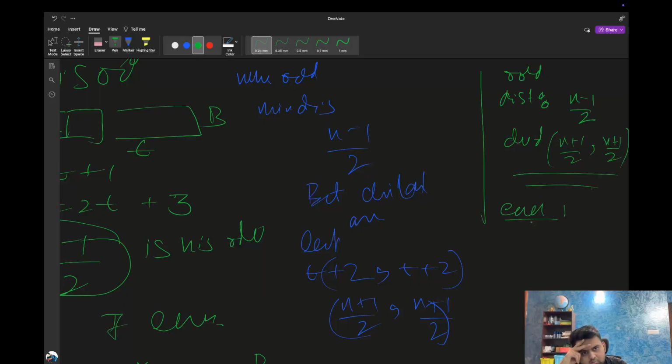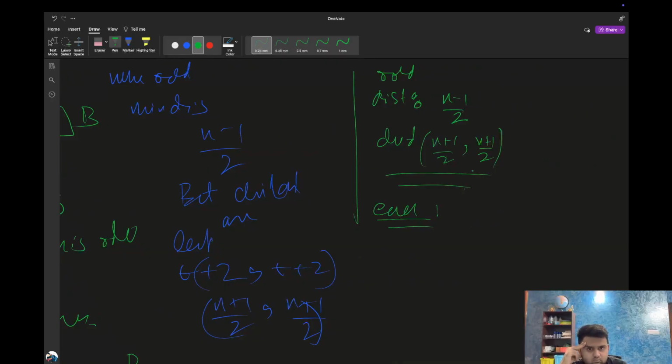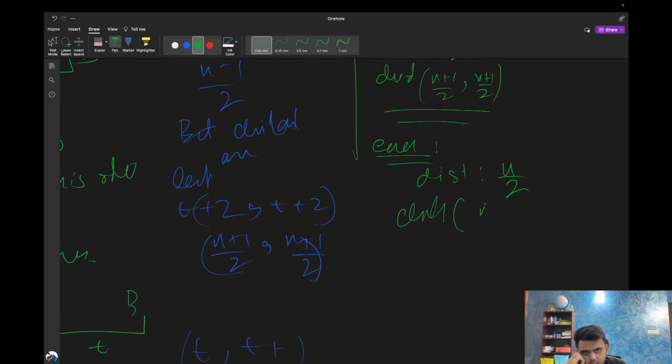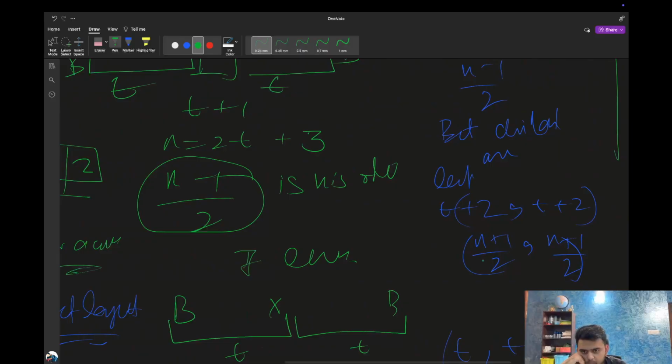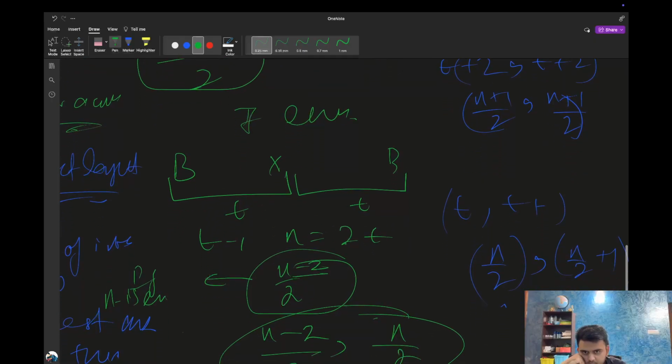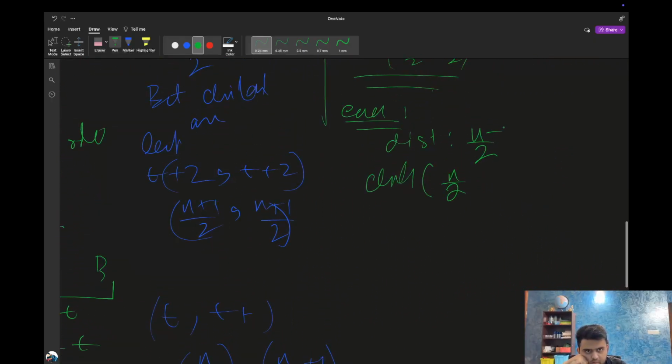Even: dist is n by 2. Children are of length... the distance is not n by 2, distance is t minus 1. This is (n minus 2) by 2, and children are of length n by 2 and n by 2 plus 1.